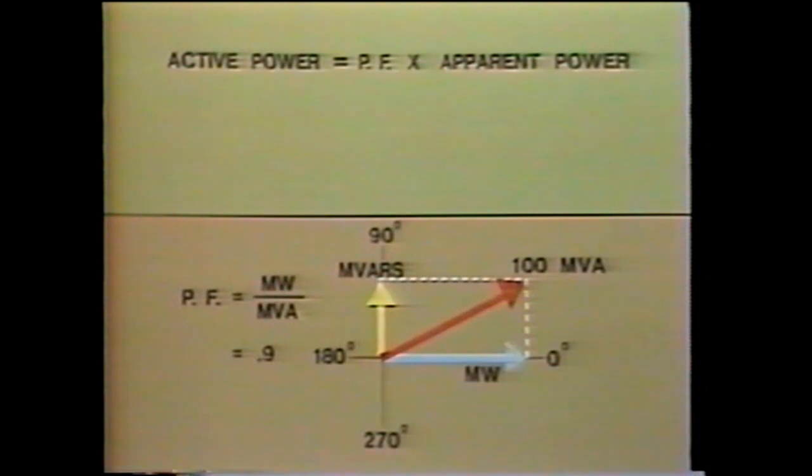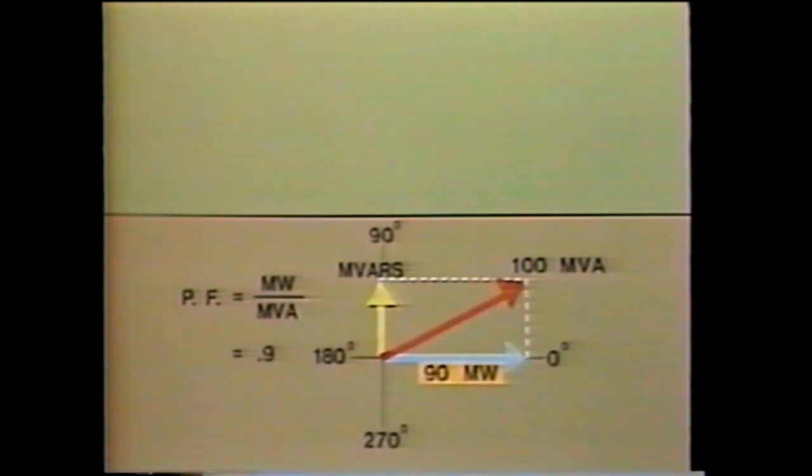Active power will equal the power factor times the apparent power, and this is 0.9 times 100 MVA, and that will come to 90 megawatts. Let's now calculate the reactive power requirement. MVA squared equals megawatts squared plus megavars squared.